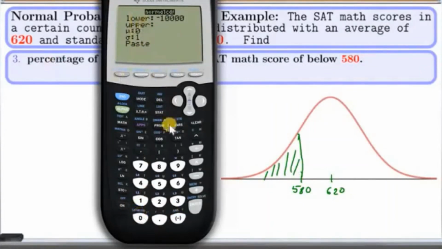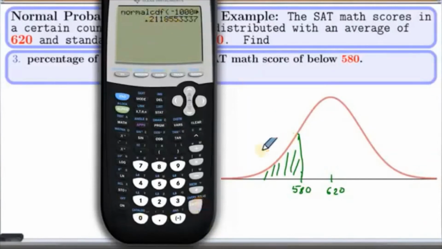And for your upper value, from the diagram, we know it is 580. Our mean is 620 and our standard deviation is 50. Then hit enter and enter.